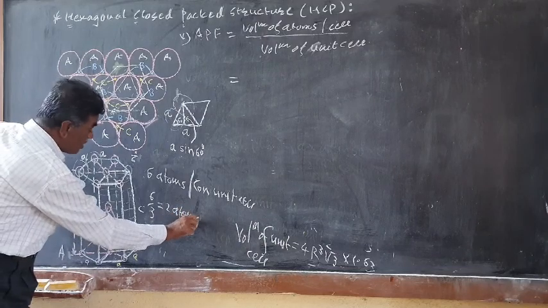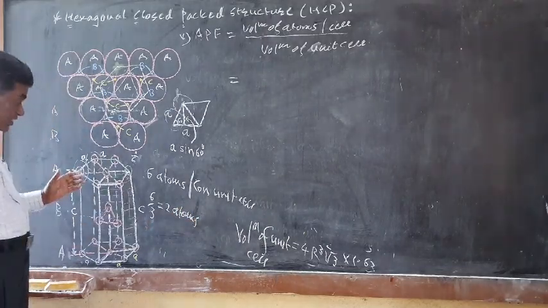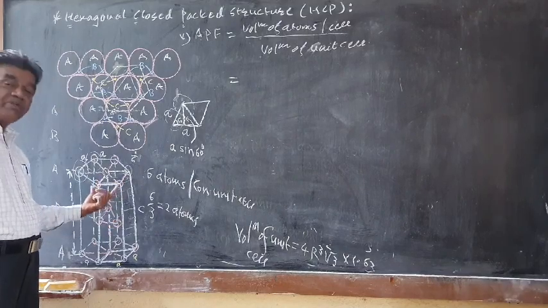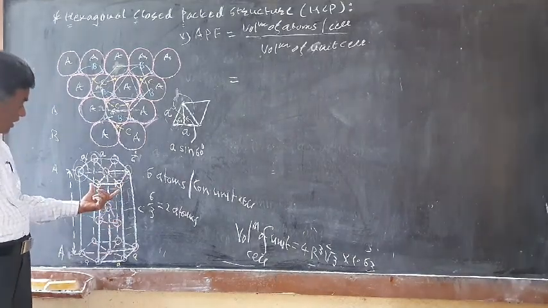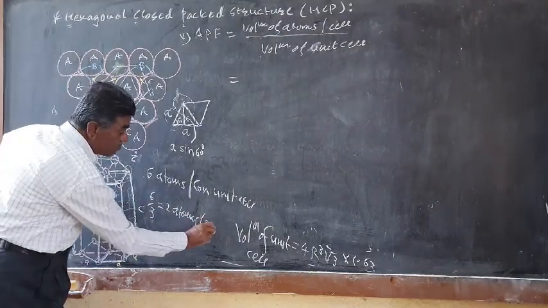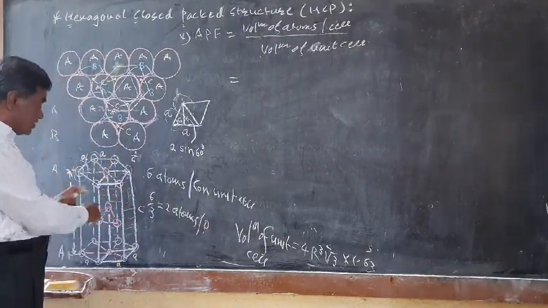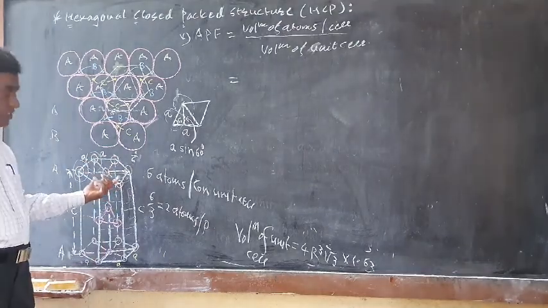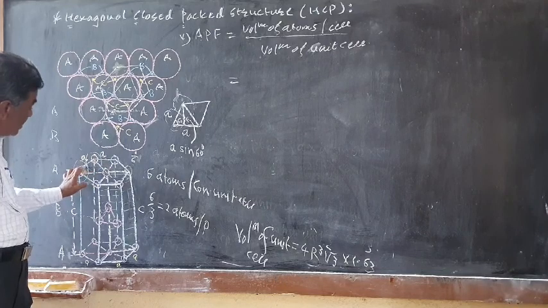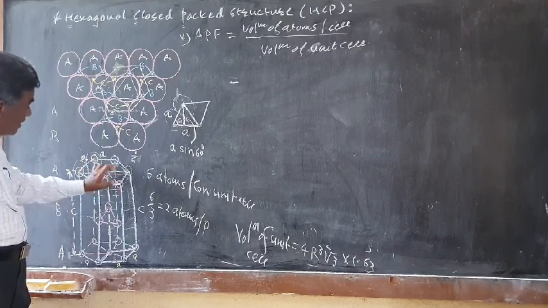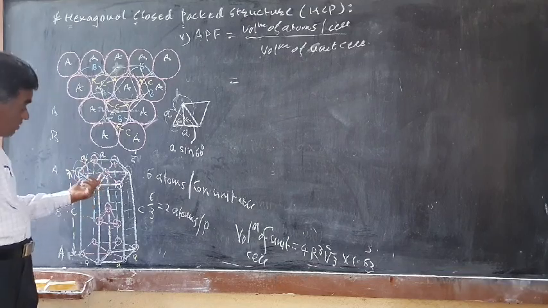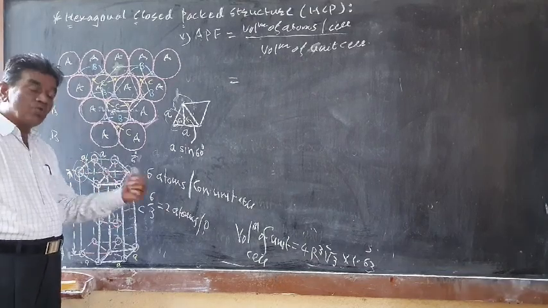So we will not consider the total conventional unit cell in this case to determine the atomic packing factor. We will only consider the primitive unit cell. This is because the conventional unit cell consists of 3 primitive unit cells: this is the first one, this is the second one, and this is the third one. So 6 atoms per conventional unit cell divided by 3 gives 2 atoms per primitive unit cell.